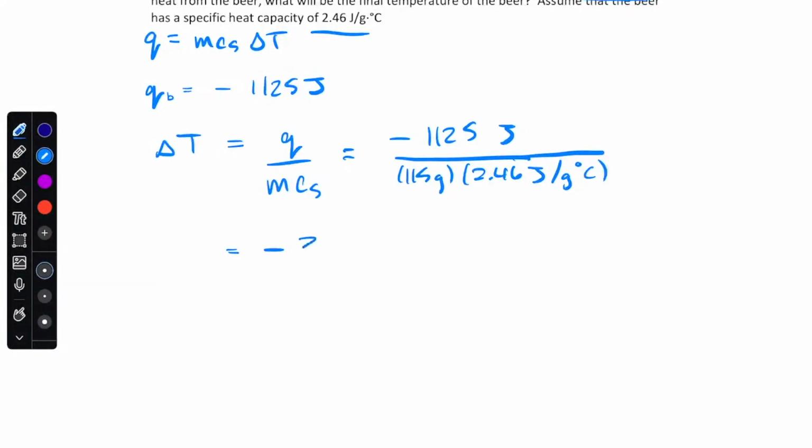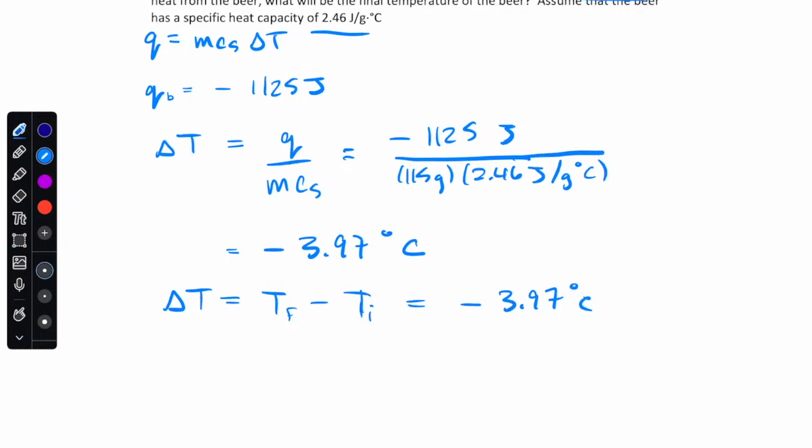That's negative 3.97 degrees Celsius. That makes sense. It's going to cool down. That's what we expect when we put a cold pack on the beer. So our delta T is our final temperature minus our initial temperature, and that equals minus 3.97 degrees Celsius.